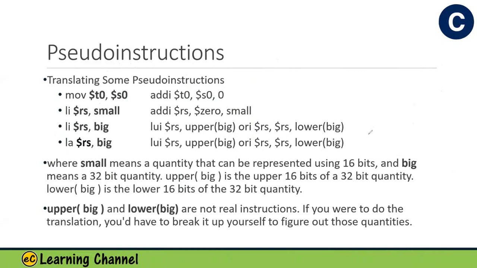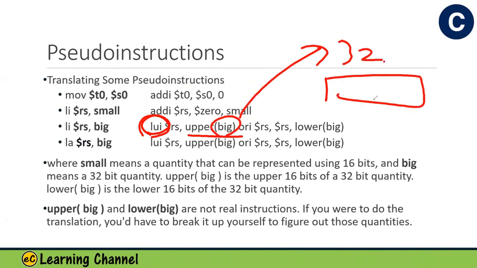Okay, so this one is loading the upper immediate data. The peak is 32-bit, and then you will load the upper part into your register.